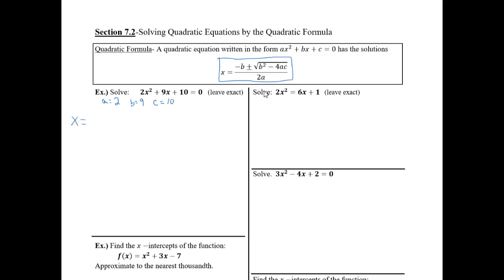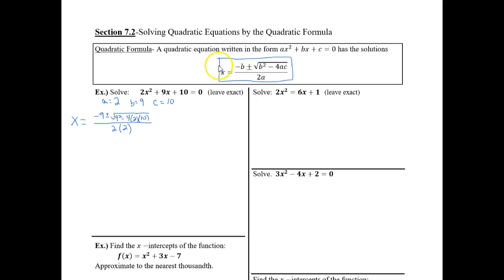So x will equal negative b, so minus 9, plus or minus the square root of b squared, so 9 squared, minus 4 times a, which was 2, times c, which was 10, all of that divided by 2 times a, which is 2.